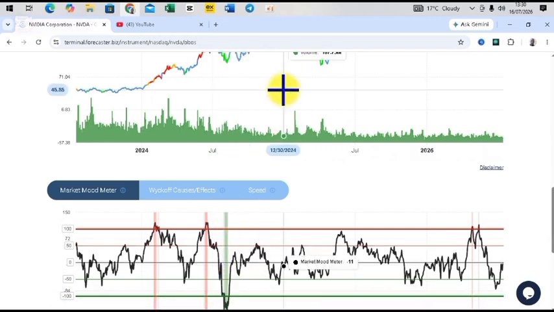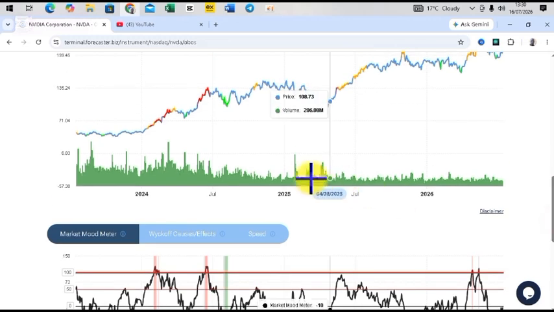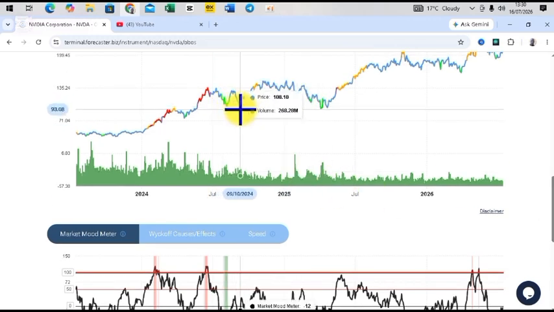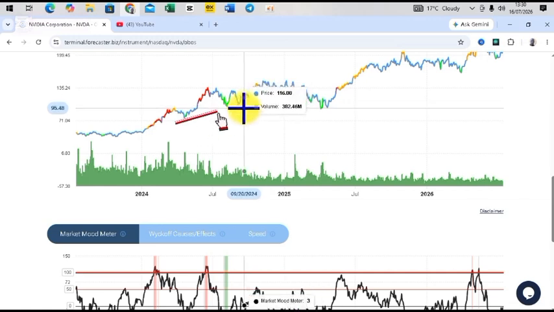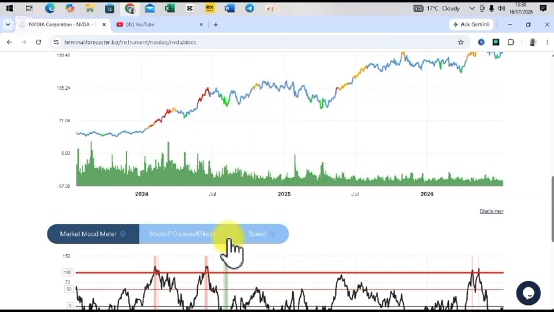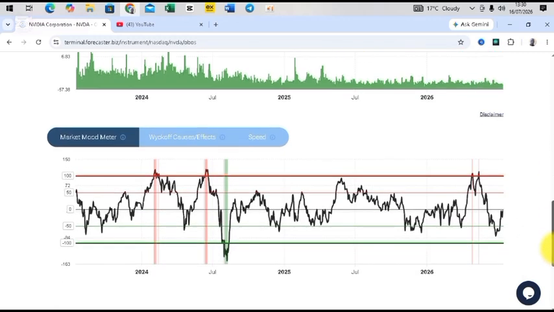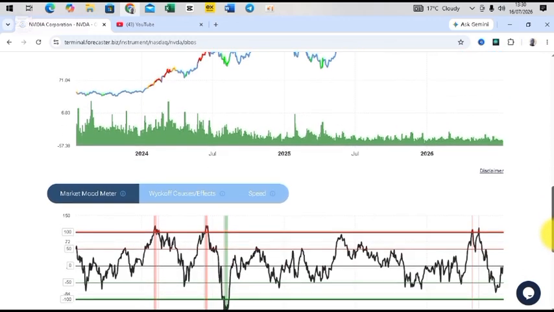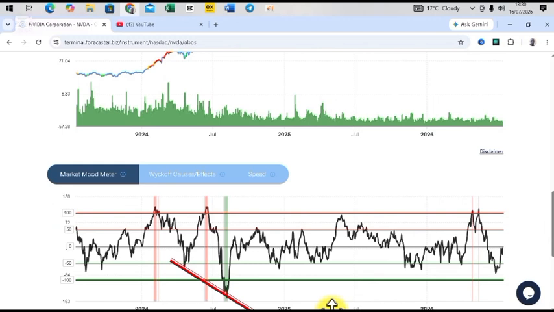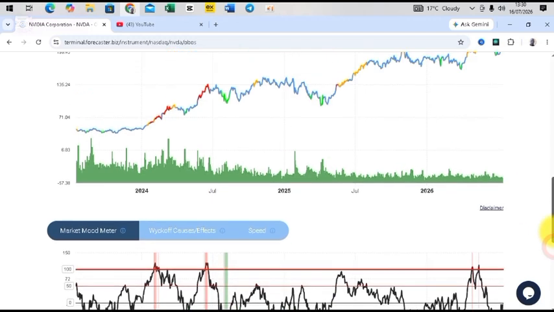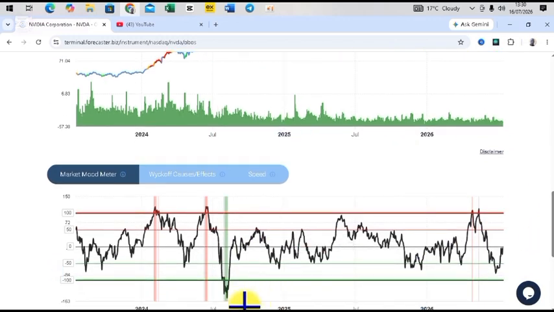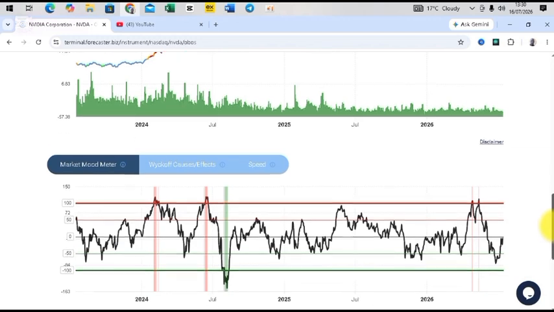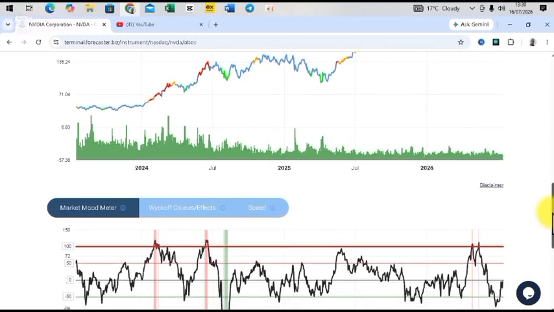A divergence, for example, when this chart is for price, is when you see price is forming, let's say, higher lows, and the indicator is forming lower lows. Or price is forming higher highs, and the indicator is forming lower highs. That is a divergence. Let me see if I can get one and show you.